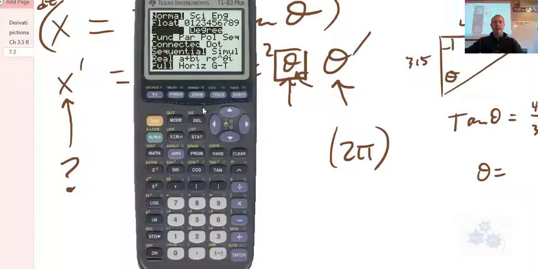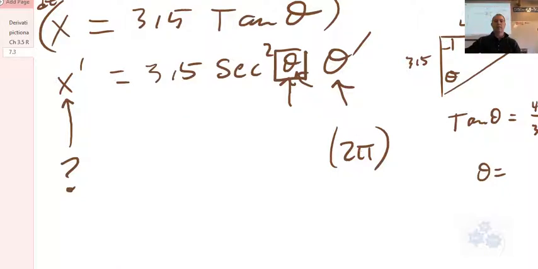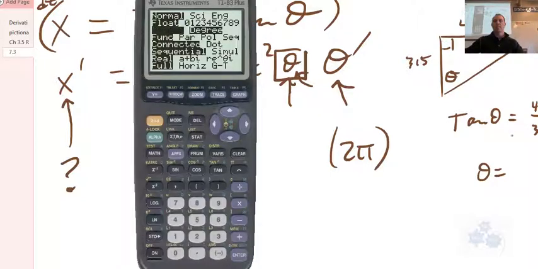Make sure that you're in radians on your calculator if you're going to find this theta, because theta prime here is in 2 pi radians. So if you're looking for theta in this question, it's got to be radians, not degrees.